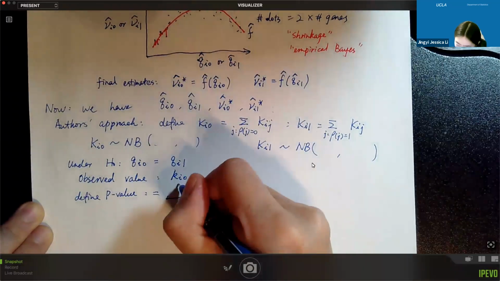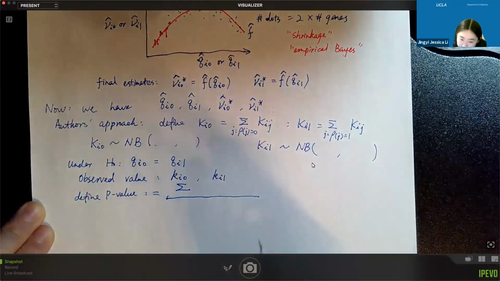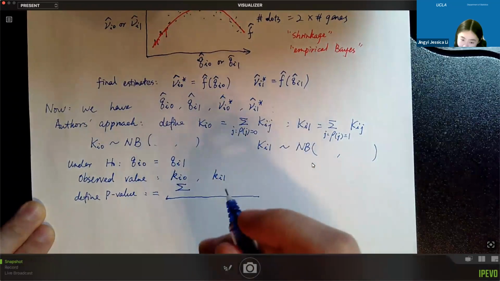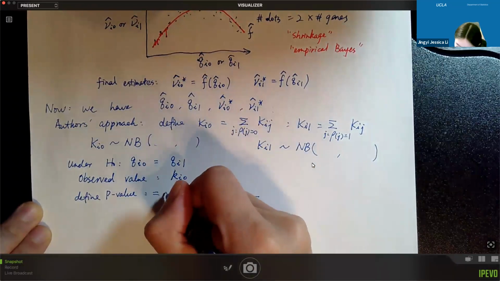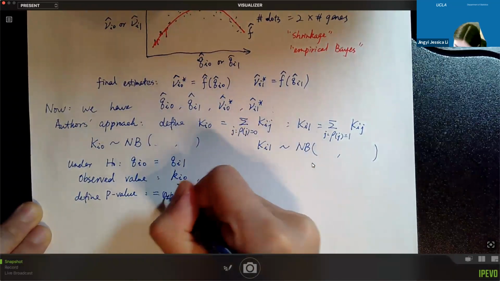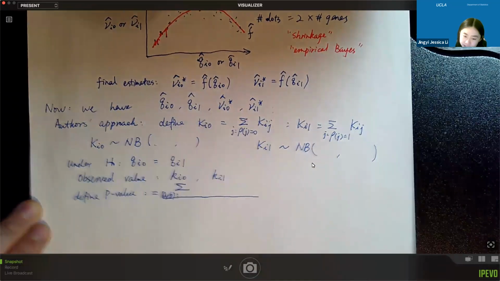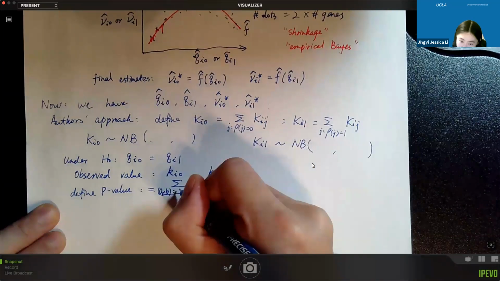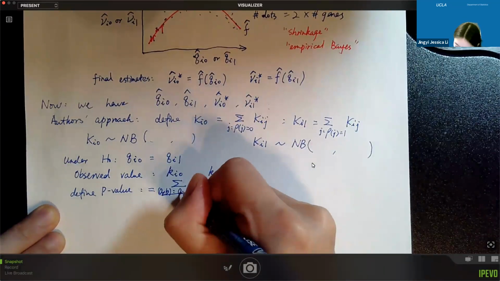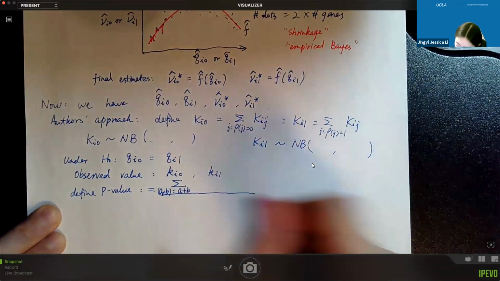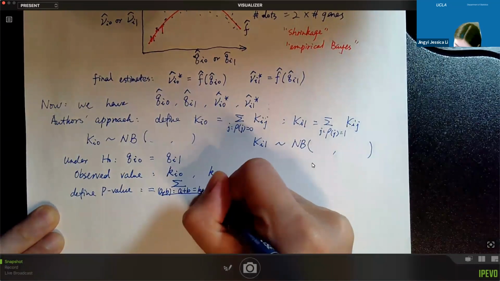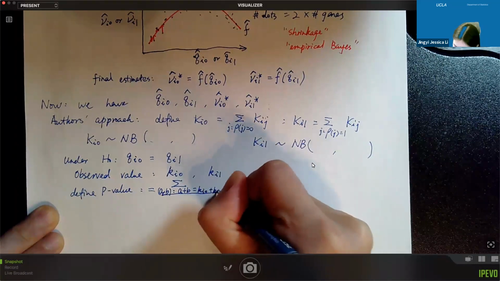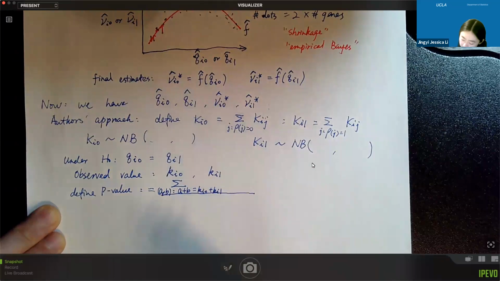It's under the calculation that we have two numbers, A and B, and those two numbers need to satisfy two conditions. The first condition is that A plus B must be equal to Ki0 plus Ki1, the sum of those two numbers we observe.